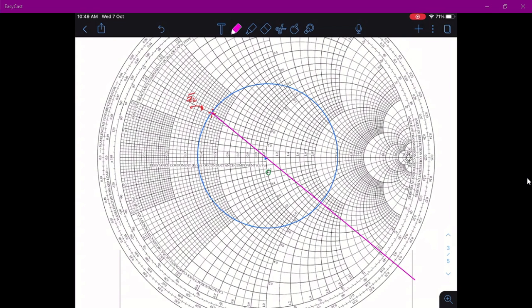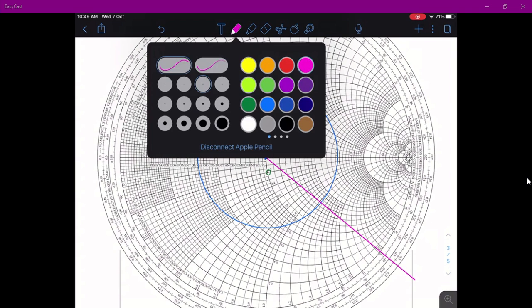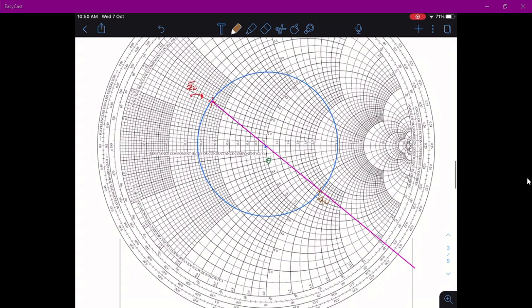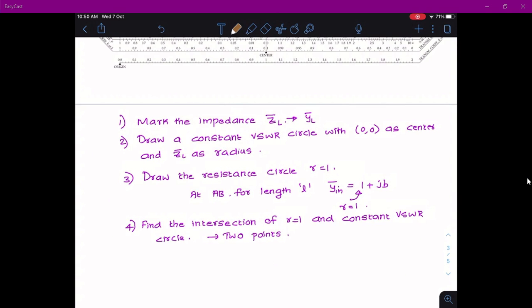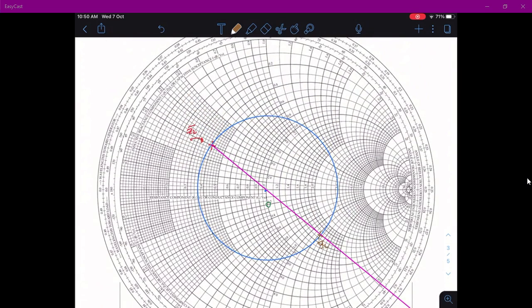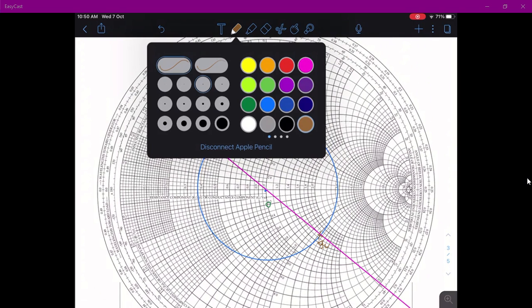Okay. And this point is YL bar. Okay. Next, as per the step, you need to draw the step number 3, draw the resistance circle R equal to 1. So, R equal to 1 circle means the circle which is represented as R equal to 1. So this is R equal to 1 circle.